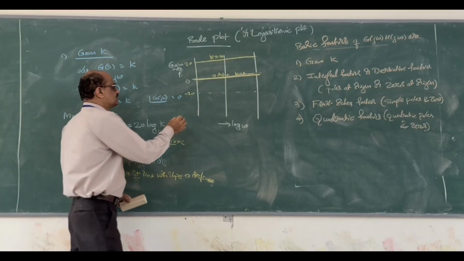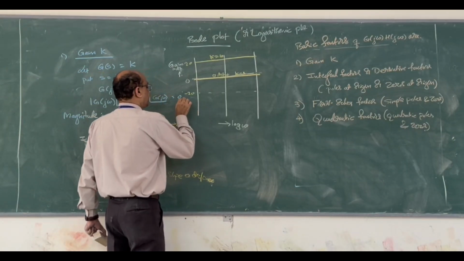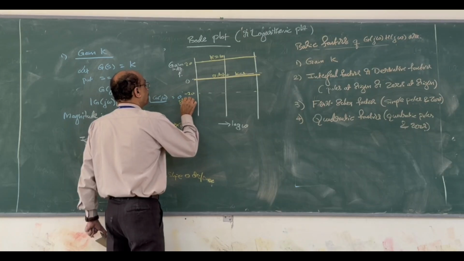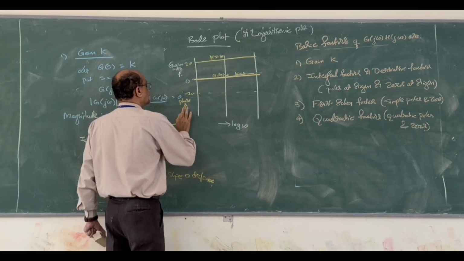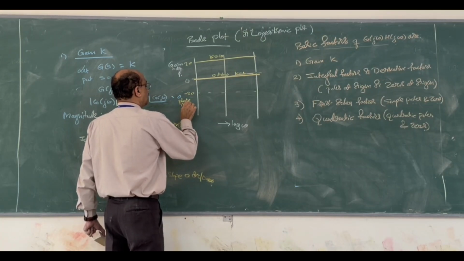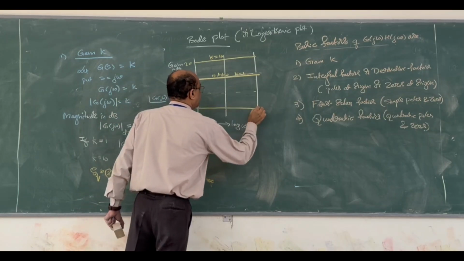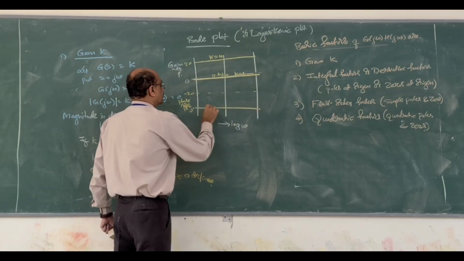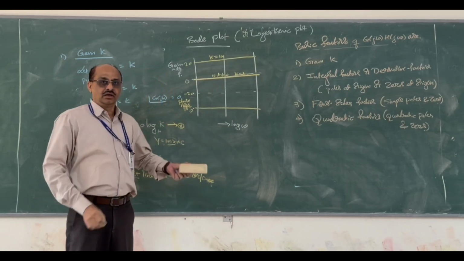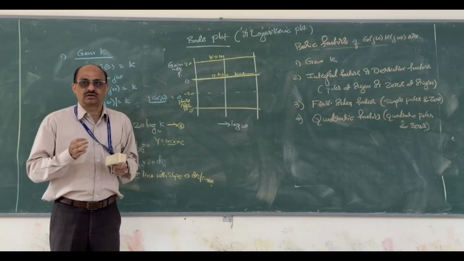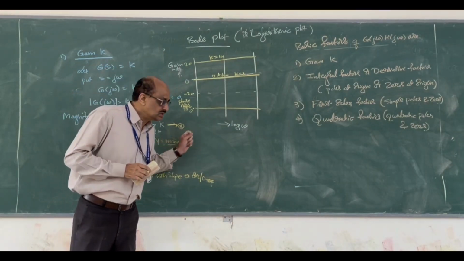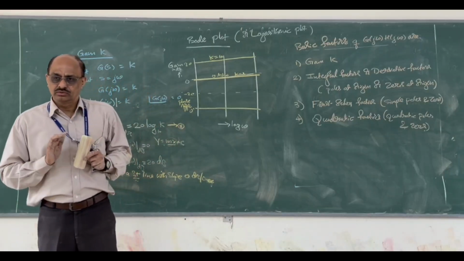Phase angle: what is the phase angle? The contribution of this is 0. Suppose I have a 0 degree line. This is for all gain k equal to 1, 10, and so on. It's equal to 0. So it's very simple now.